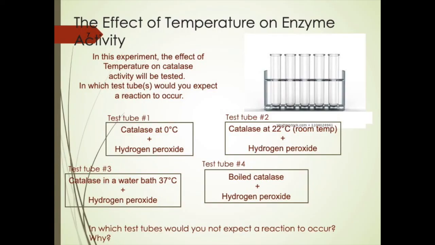And then you can say the effect of temperature on enzyme activity. In this experiment, the effect of temperature can cause a difference in catalase activity. So you'd still have catalase and hydrogen peroxide, but in this case, the catalase is inside the potato juice, and you would set the potato juice at near freezing, right?